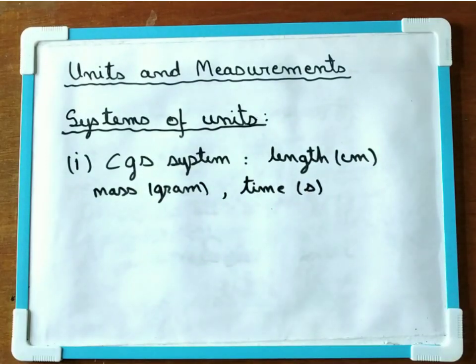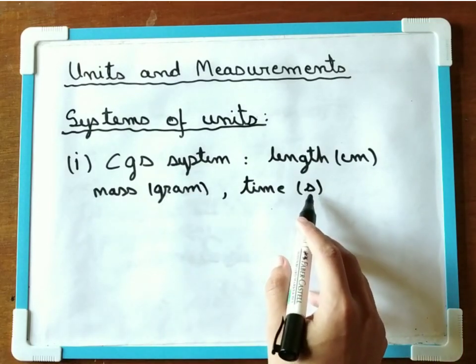So this CGS system, this system of unit, was set up in France, and they measure length in terms of centimeter, mass in terms of gram, and time in terms of second.